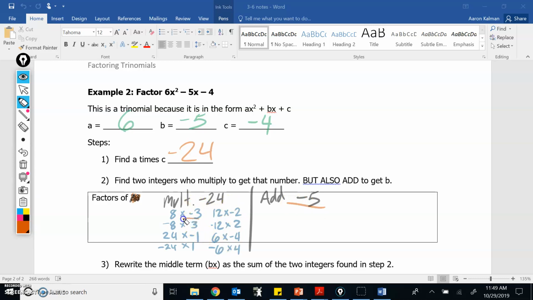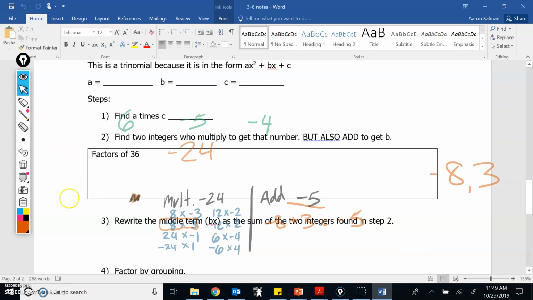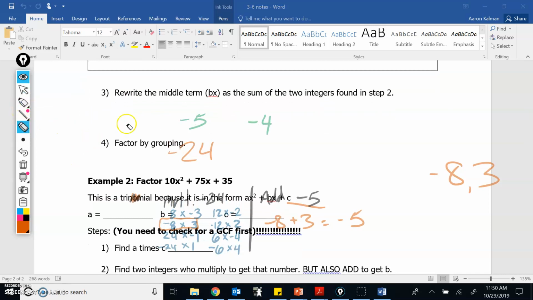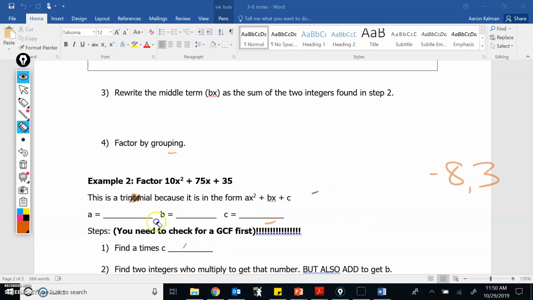Looking at this, I believe it's right here. So negative 8 and a 3 make your negative 5. Those are your two factors: negative 8 and 3. Let's scroll on down and finish up by doing the grouping part.